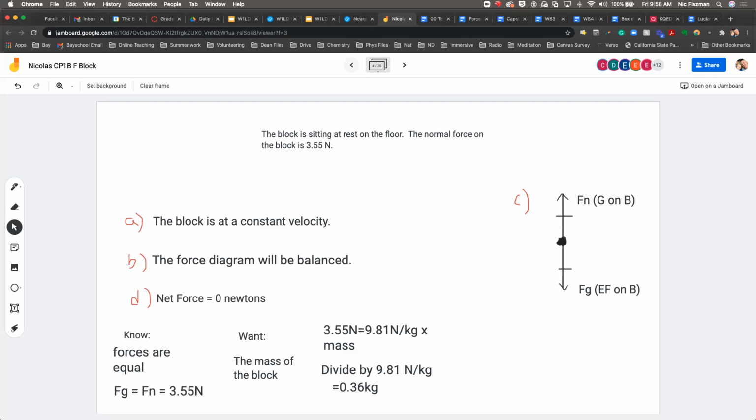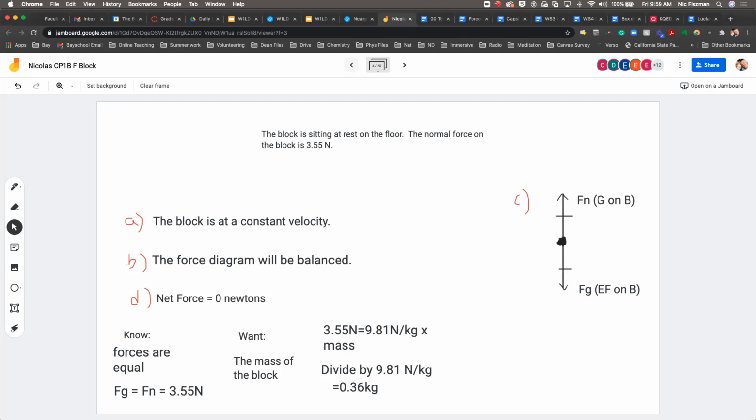And Hayden, do you want to explain the other part a little bit more? So we know that the forces are equal, meaning that gravity and the normal force are equal to 3.55 newtons. Then we're trying to figure out the mass of the block.